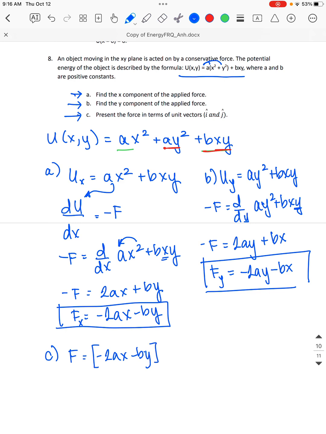That is going to be my x direction, so that's my i hat. And I'm going to add it to negative 2ay minus bx, and that's going to be my y direction, so that is followed by the j hat. And that would be your final answer for the entire equation.